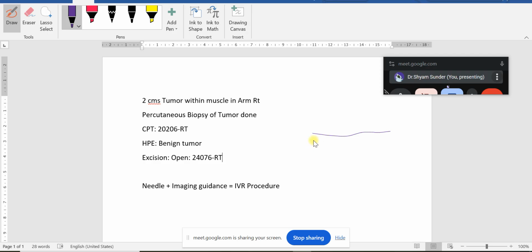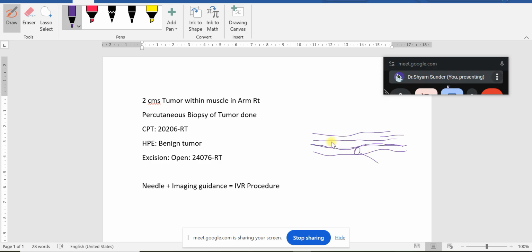Under this, we have the subcutaneous tissue. So if the tumor is in this region, this is subcutaneous. Under the subcutaneous, you have the different muscles, right? So if the tumor is within the muscle, that is intramuscular or subfascial. Subfascial means below the fascia. What is fascia? The covering layer of the muscle. So subfascial means it is within the muscle.